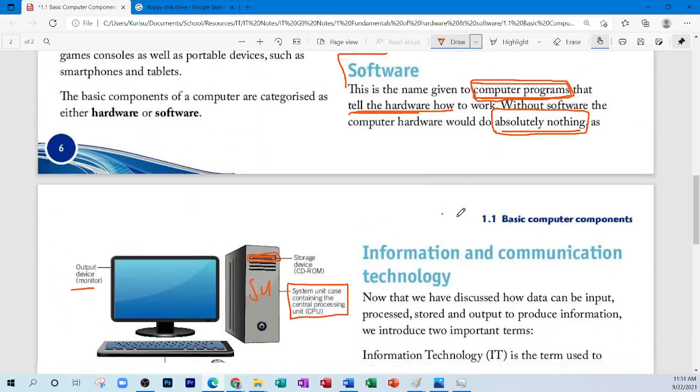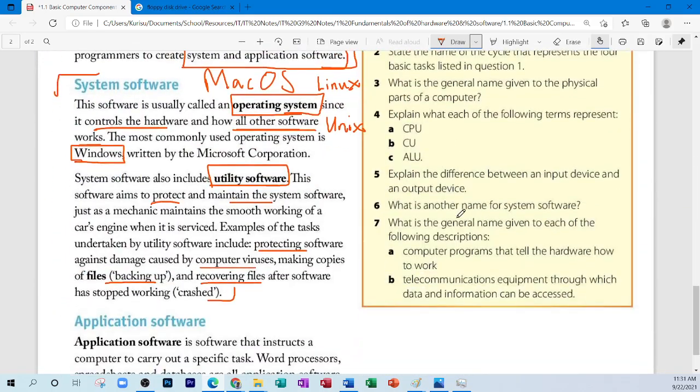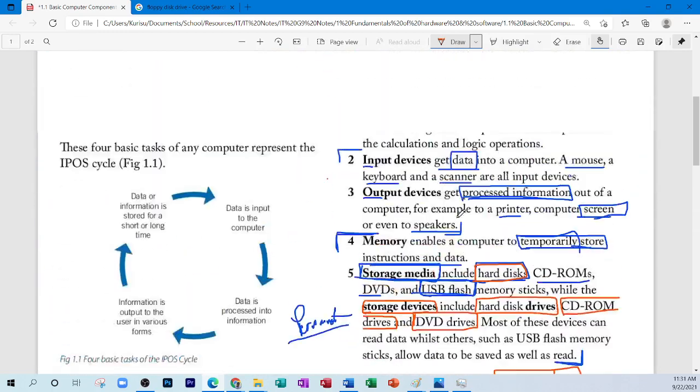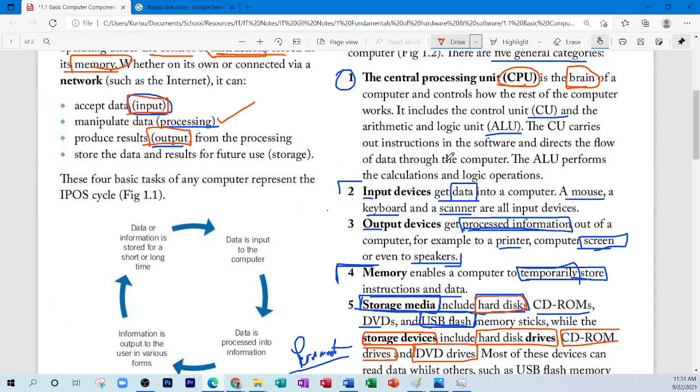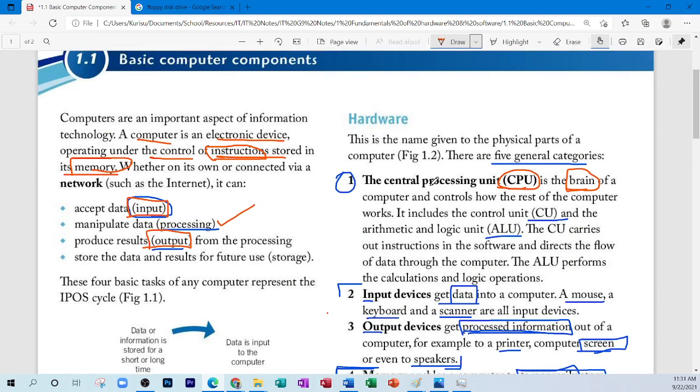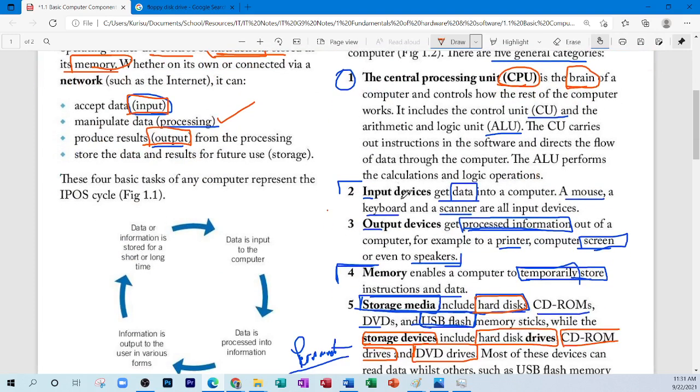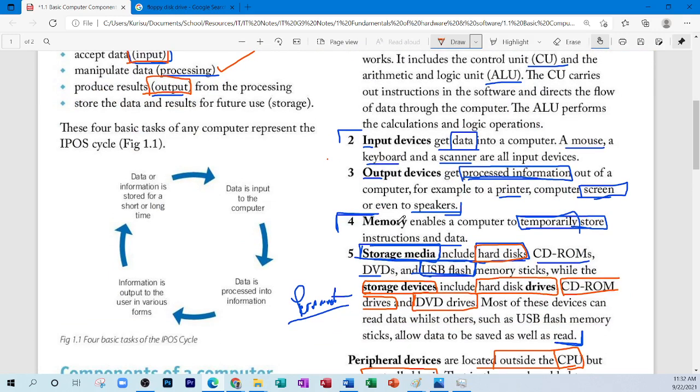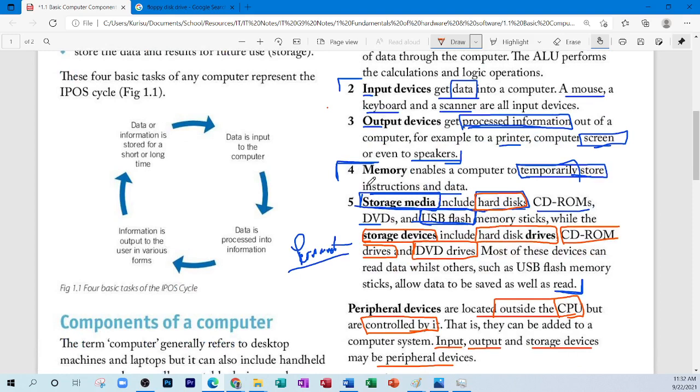Alright, so let's review what we looked at so far. Today we continued our five categories of hardware. We looked at what an input device is, getting data into the computer. Output gets processed information. For those who didn't do the homework, it's important for you to know the difference between data and information.